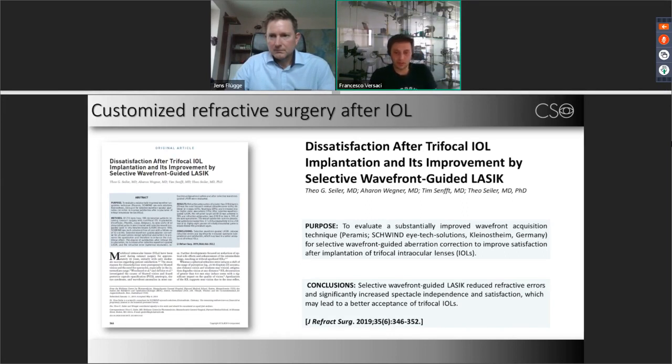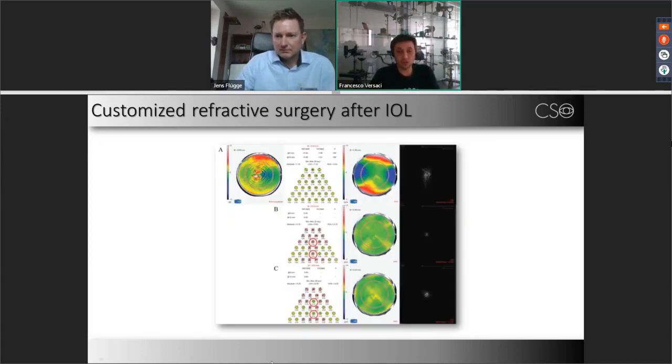So there is a certain range of patients unhappy after the IOL implant, and what has been done is to correct those patients by means of customized refractive surgery, by correcting the high order aberration and residual low order aberration to achieve the best corrected vision for this patient. And the results are, as always, awesome.